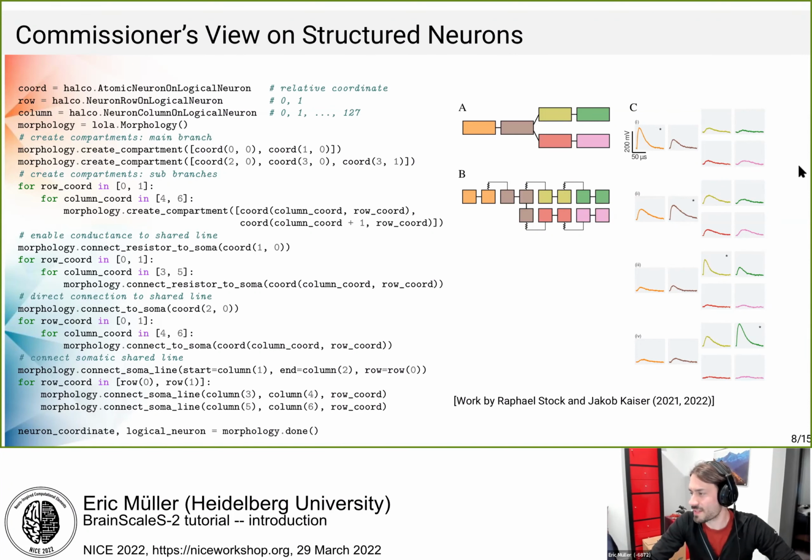And on the right, we have some PSP shapes that change depending on the injection site. So if you inject in the orange compartment, it looks like this here in the top panel. If you inject at the second, this brownish compartment, the PSP shapes look a bit different. And yeah, you will be able to play around with this later.